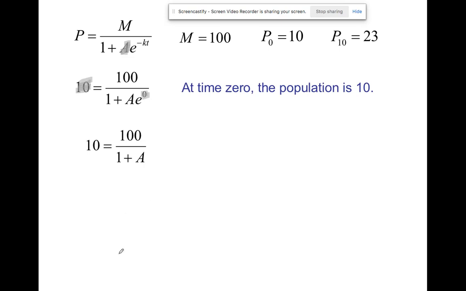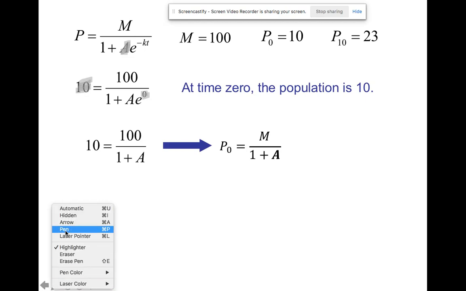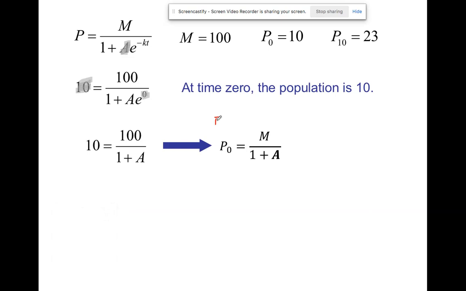Now I'm going to go off into my workspace here for a second, and I'm going to show you that there is a formula if you want to always find A. For any logistic model, your initial condition is plugged in at time equal to 0.